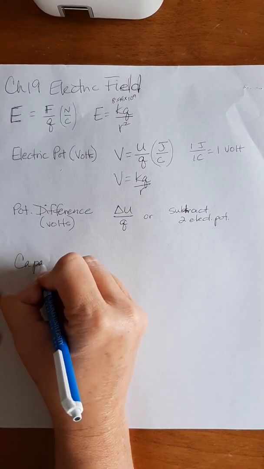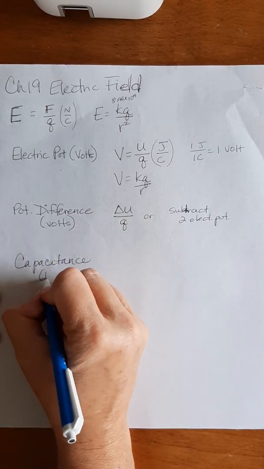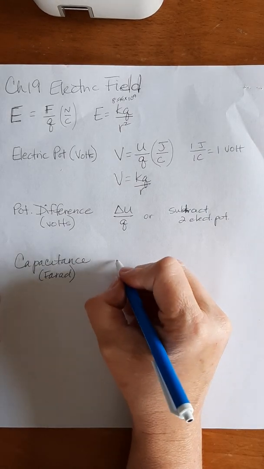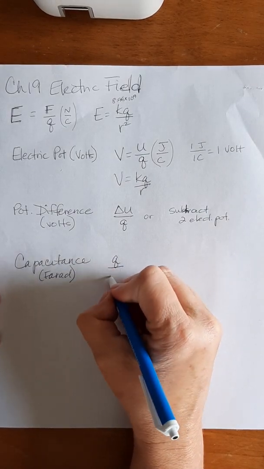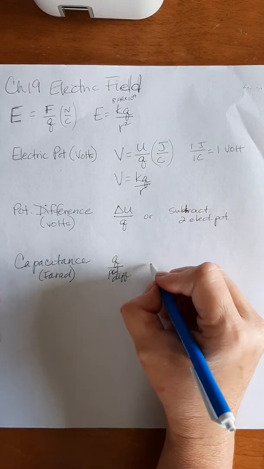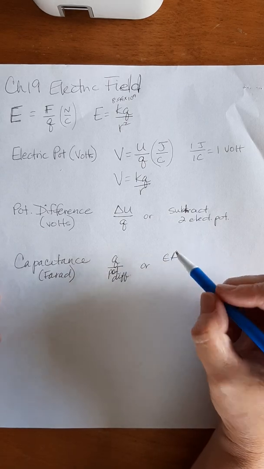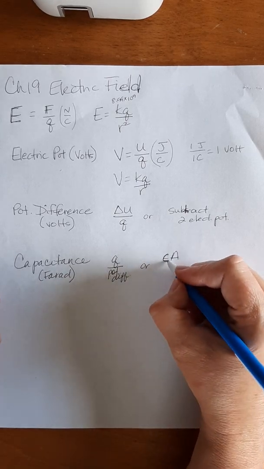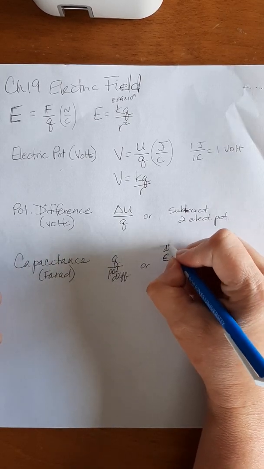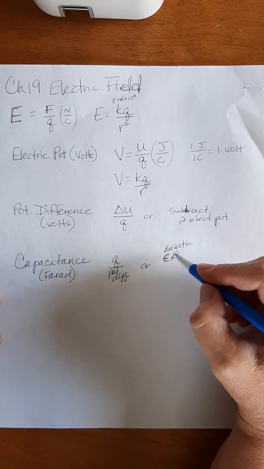Capacitance is measured in farads, remember, after Michael Faraday. Two formulas for it: charge over potential difference, or, and this formula is the one we use more often, epsilon, which is the dielectric constant, times A over 4 pi K D. We personally work with a vacuum or air, so epsilon is right at 1.